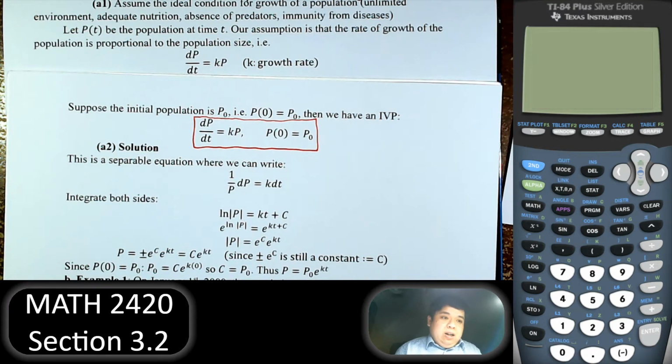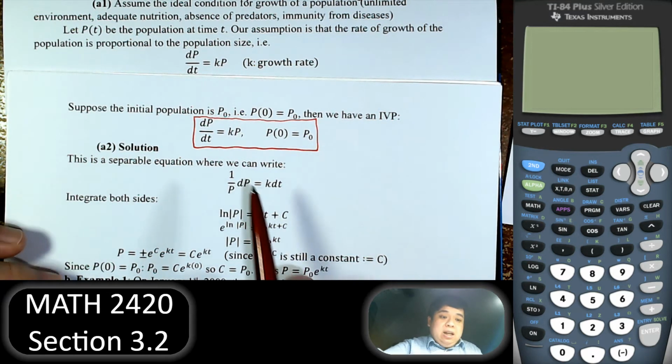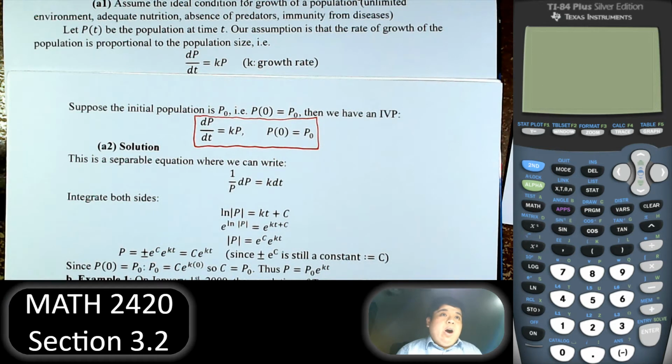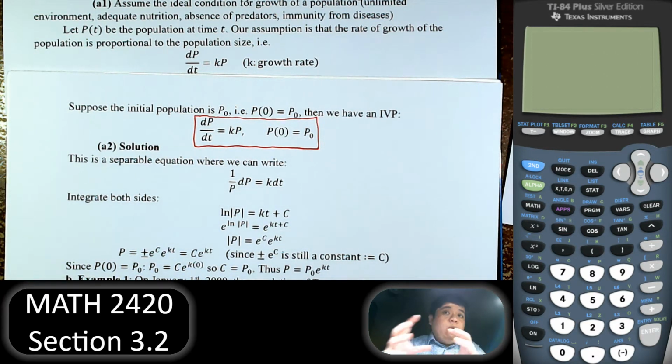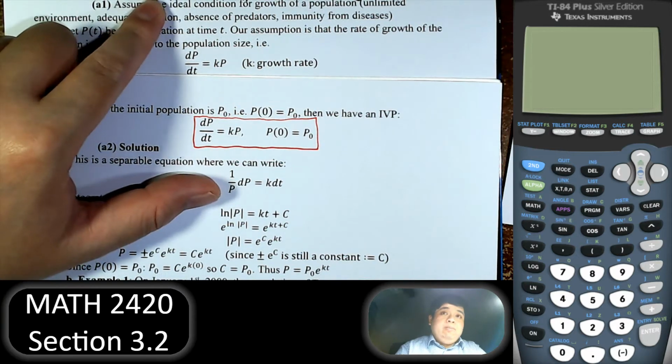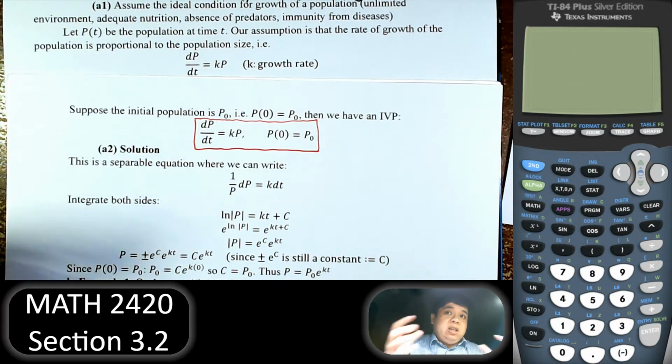So continuous compound interest is an example of that. Also, radioactive decay, I will talk about that in a minute. So we have some amount, it will decay over time. The more we have, the more we will lose, because it is decay. As opposed to growth, it is decreasing, but the rate is constant.